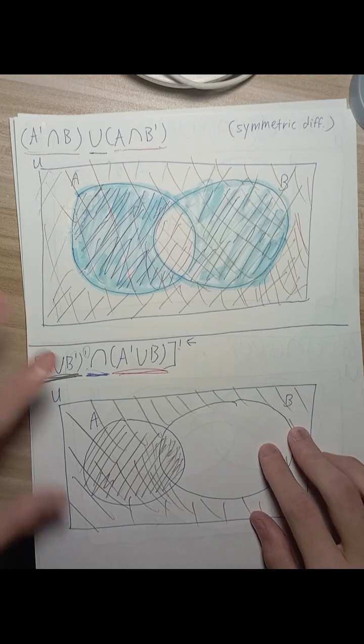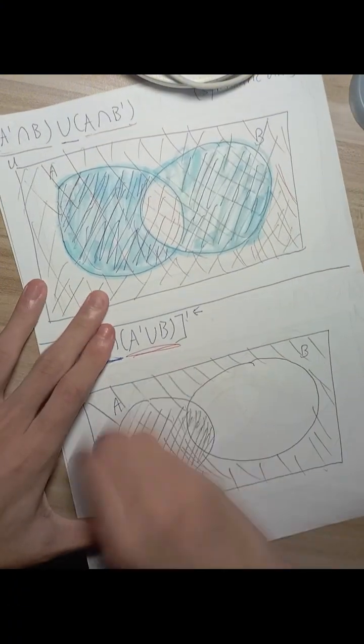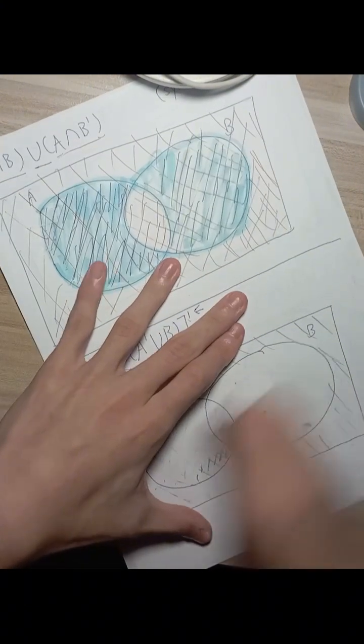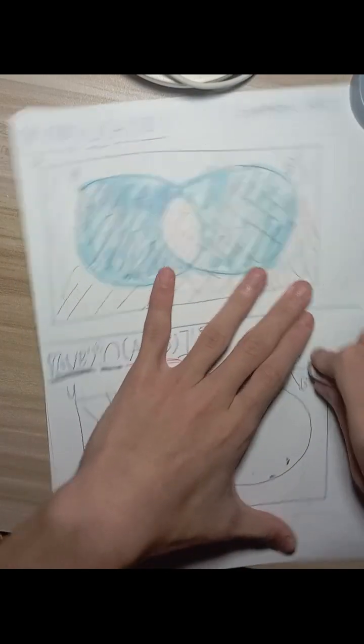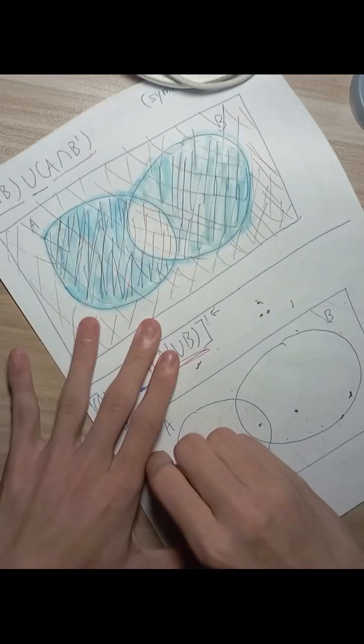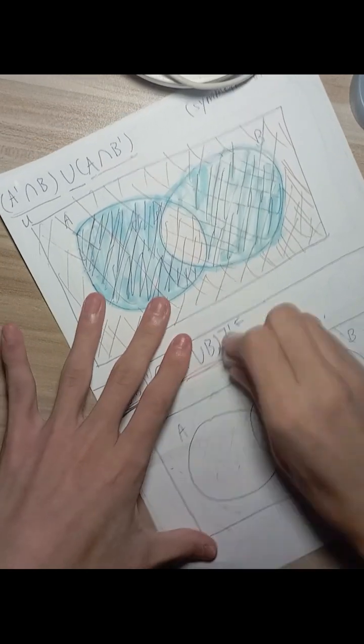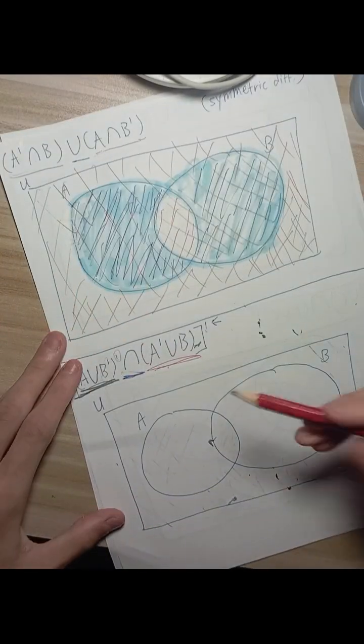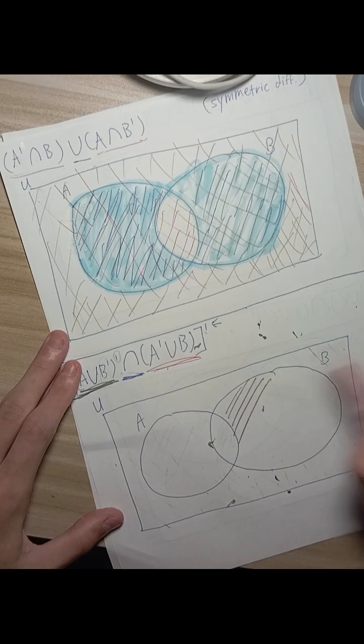So it's this one. So if you can erase whatever's here, you can make it a bit neater. So erase this, and we can shade this part.